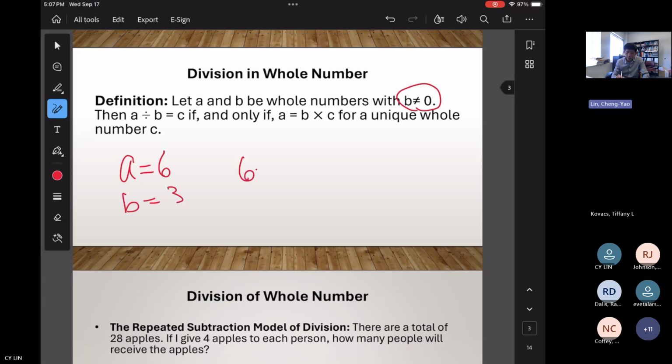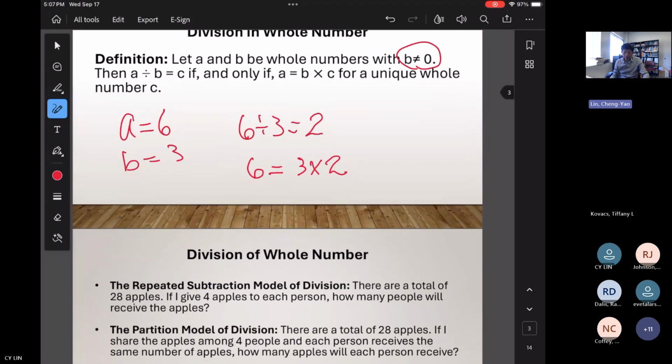So 6 divided by 3 equals 2. Now we can say 6 is also equal to 3 times 2. You make a connection between division and multiplication.